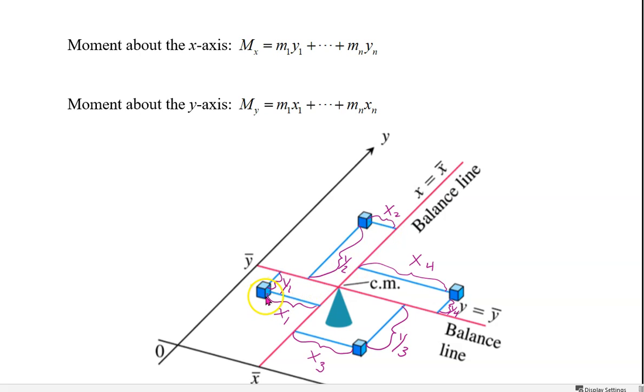So mass 1, which is out here at distance x1, gets added to mass 2 at distance x2, added to mass 3 at distance x3, and mass 4 at distance x4. That will be the tendency for it to rotate off of this vertical axis here. Now, when we're thinking about the moment in the x direction, that's the tendency to rotate off the horizontal line, and that would be the reverse.